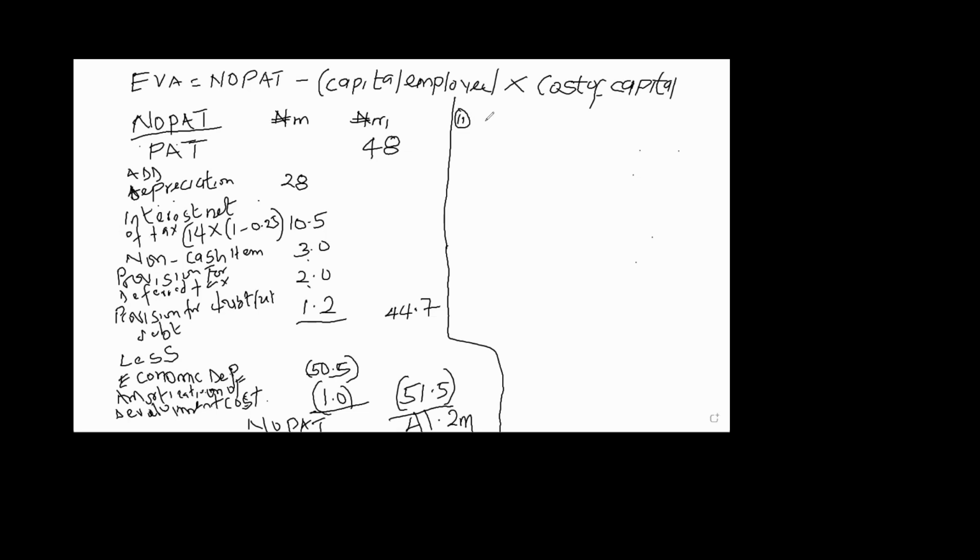Are you there, please? Yes. If that other income is already included in our profit after tax, that means we don't have issues. It has been accounted for.